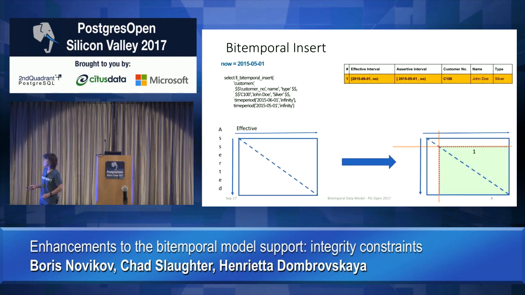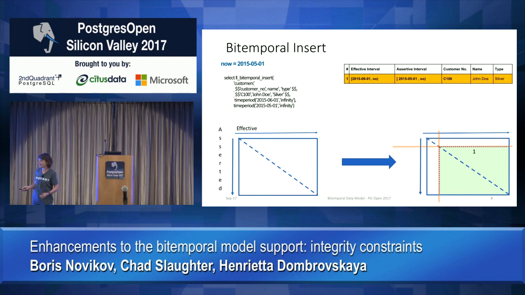So that is bitemporal insert. So today is May 1st, 2015 in this picture, and a bitemporal insert is actually not that much different from a regular insert. There is one record, we want to insert a record about a customer, and we insert this record. The only difference is that we insert also two times, asserted time and effective time. And right here you can see what is the difference, because we want to indicate that this customer's start date is June 1st.